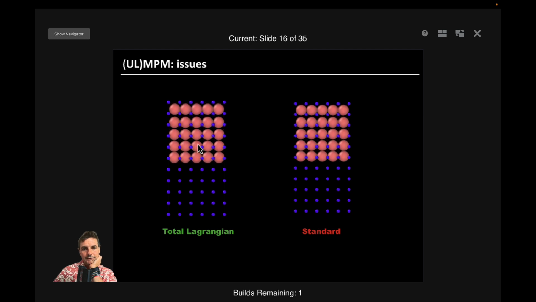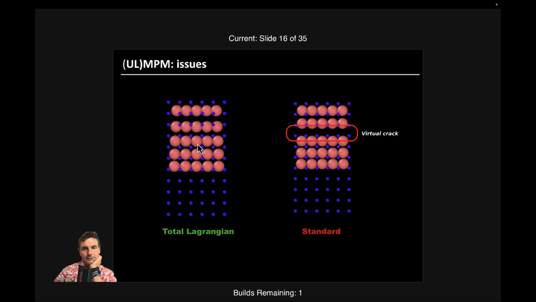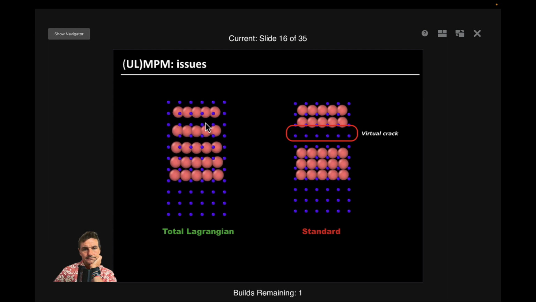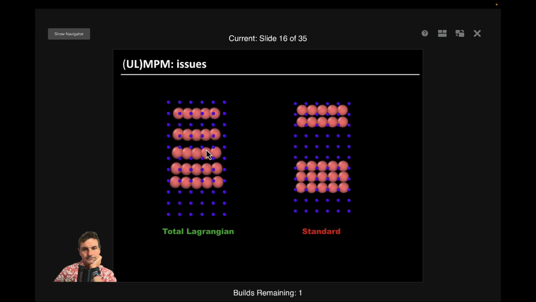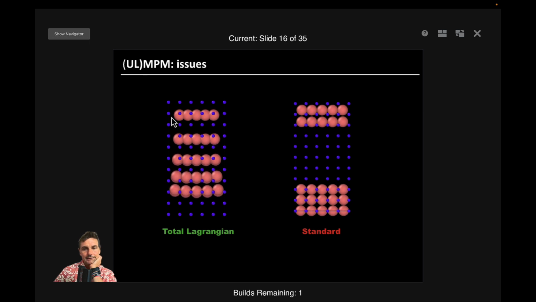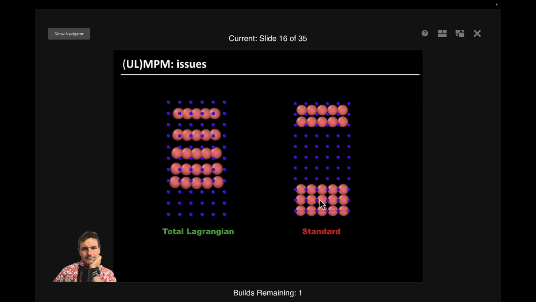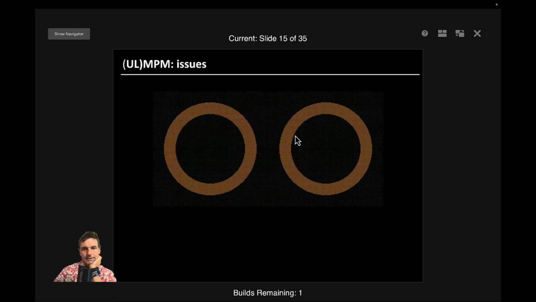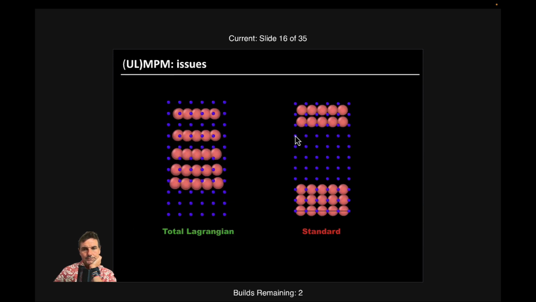So in total Lagrangian, you have the balls that fall, and everything comes back to the original configuration. And in the standard way, you see that you don't have that. You have direct separation between the two, right?